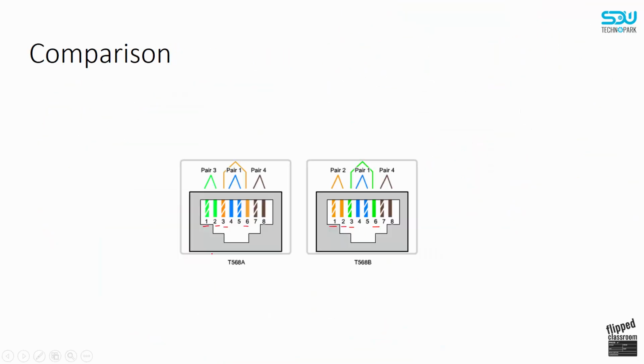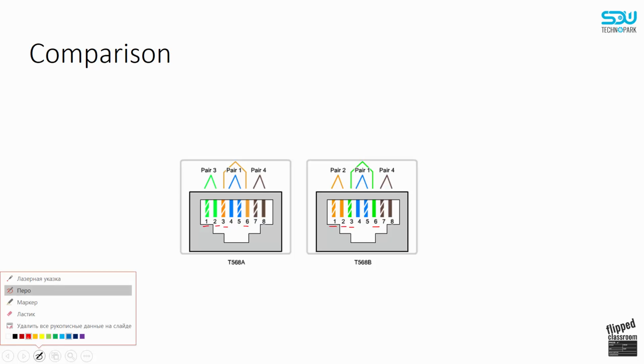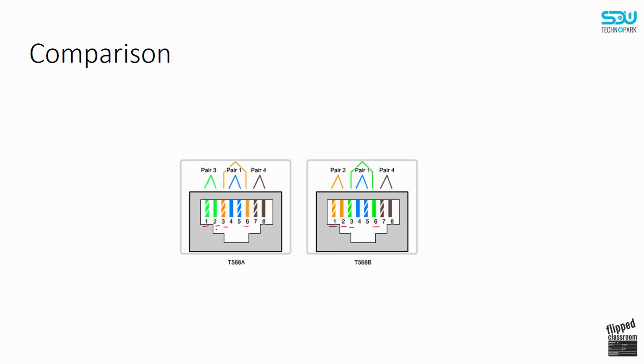And let me tell you this thing. When you have a crossover cable, what happens actually? Pin number 1 and pin number 2 are transmitting pins. They are sending information, so that your information goes like this and like this. And pin number 3 and pin number 6 are receiving pins.